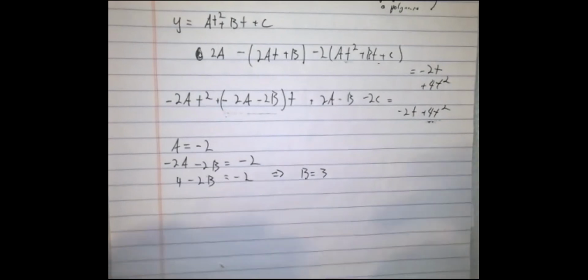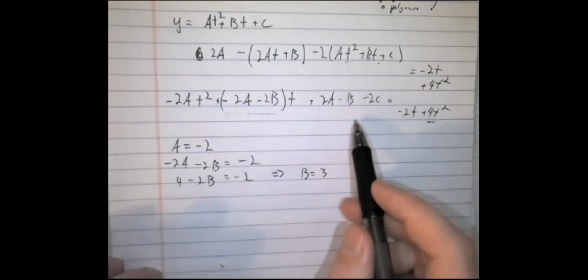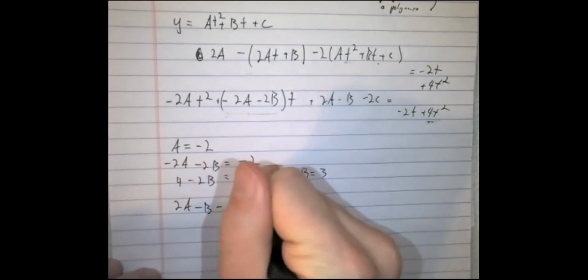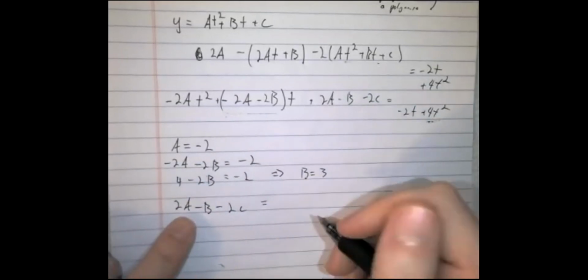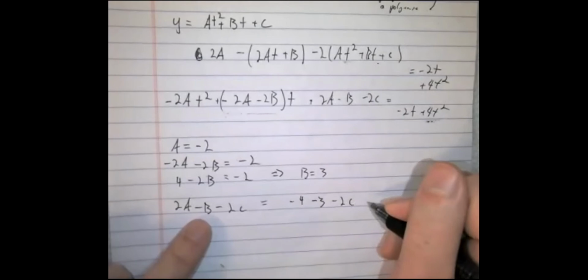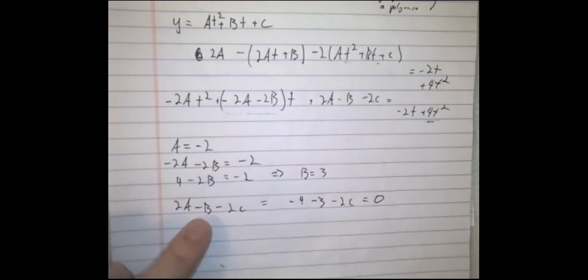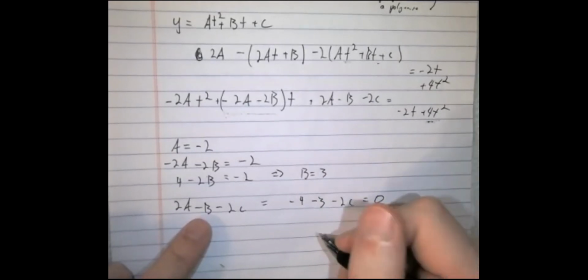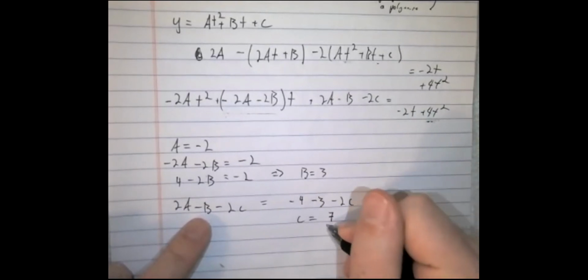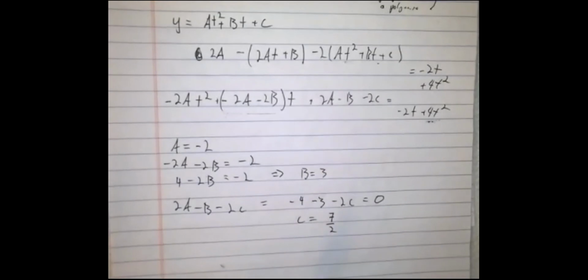And then lastly, if I know a and b, then 2a minus b minus 2c being equal to 0 gives negative 4 minus 3 minus 2c equal to 0. So I get that c is equal to 7/2. No, negative 7/2.